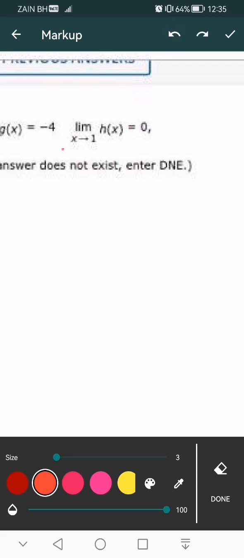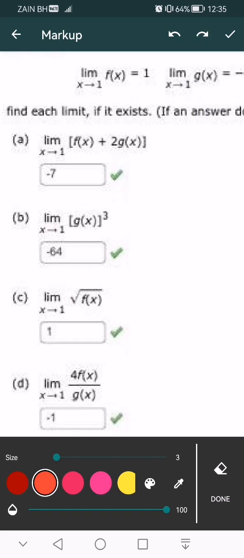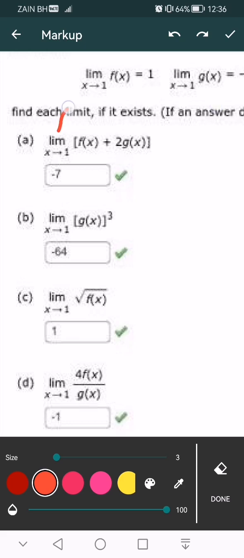So let us start solving. The question says: the limit as x goes to 1 of f of x plus 2g of x. We said I have to do it in this way.